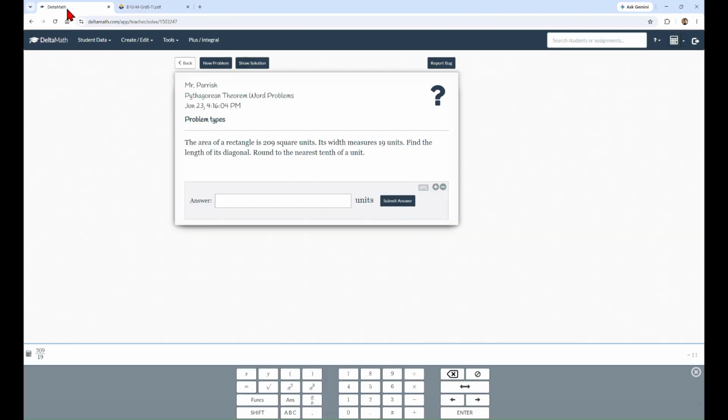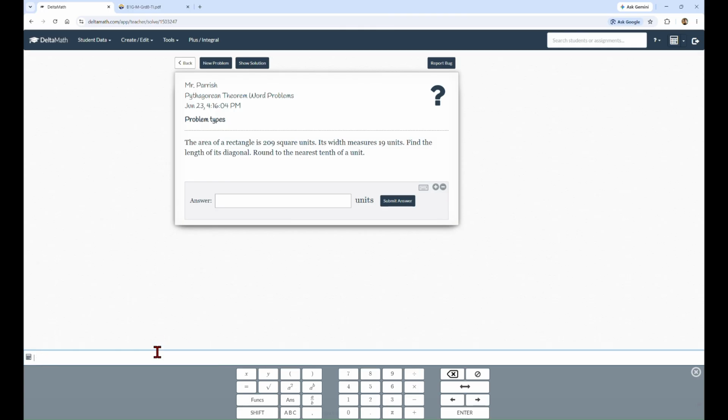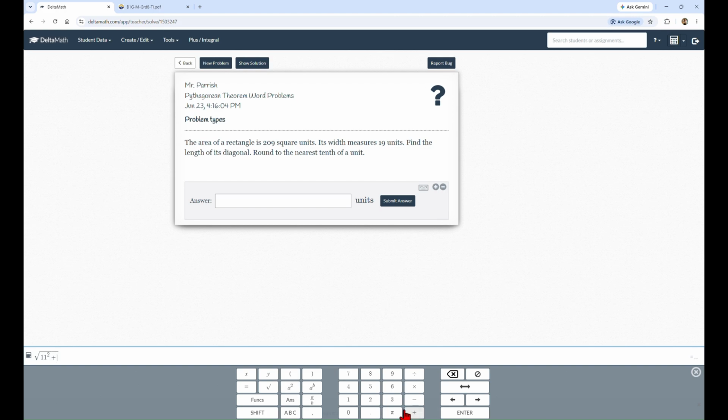So we go back to our calculator, and we type in square root of 11 squared plus 19 squared. And our answer is 21.95. And again, that 5 is going to make that 9 round up, so we're going to get 22.0 for the nearest tenth of a unit.